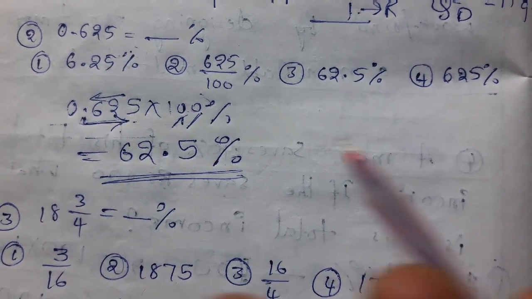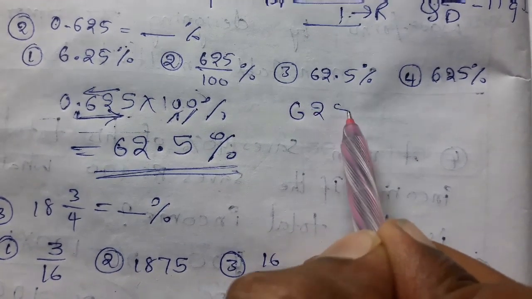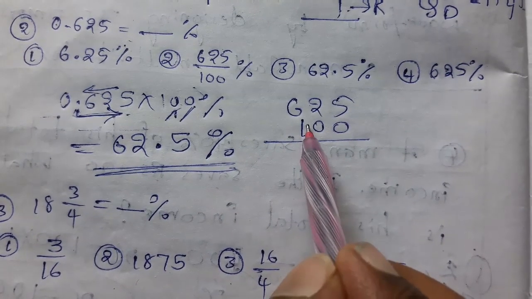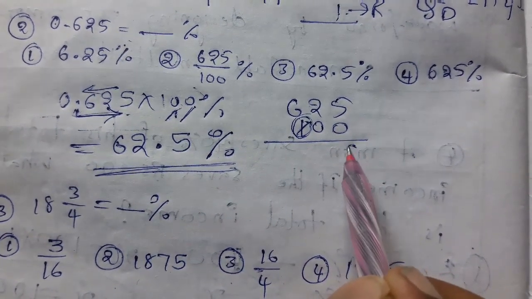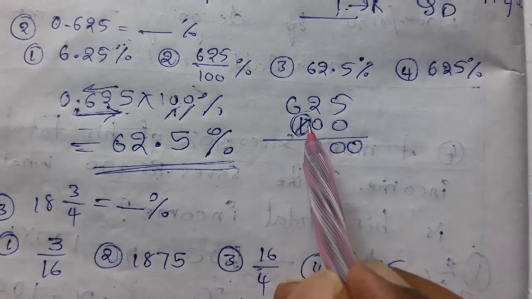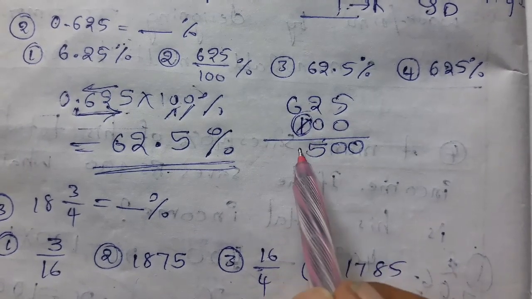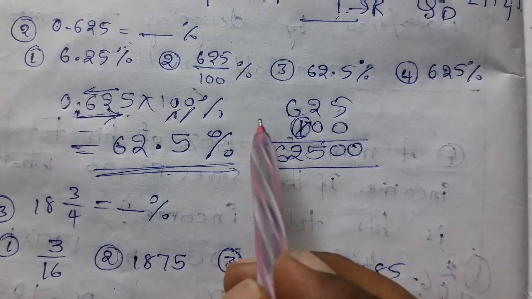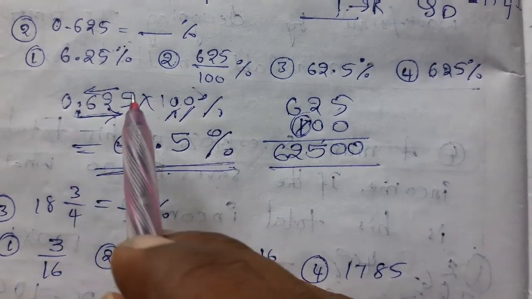If you have any doubt, then go through the multiplication. So 625 multiply 100. I am multiplying with the hundreds place digit, so that's why I am putting 2 zeros. But 1 5 are 5, 1 2 are 2, 1 6 are 6. So see here, decimal point.